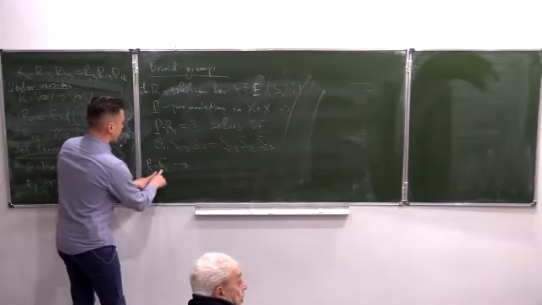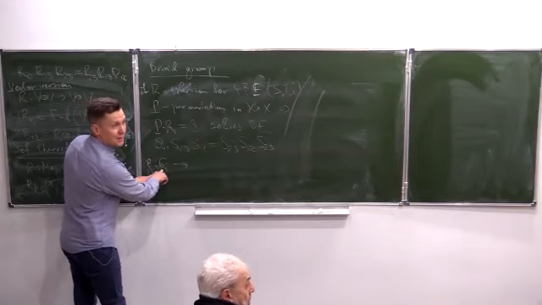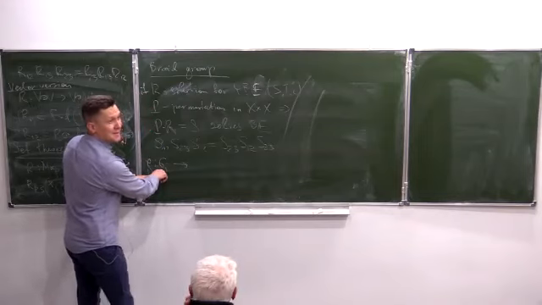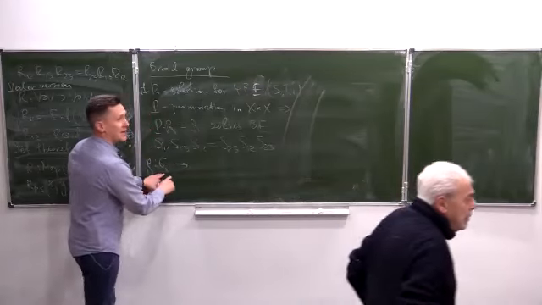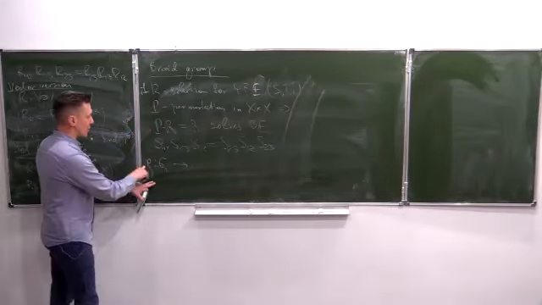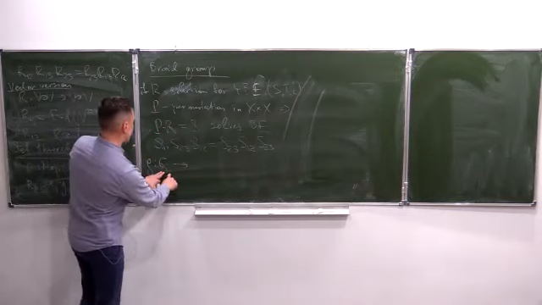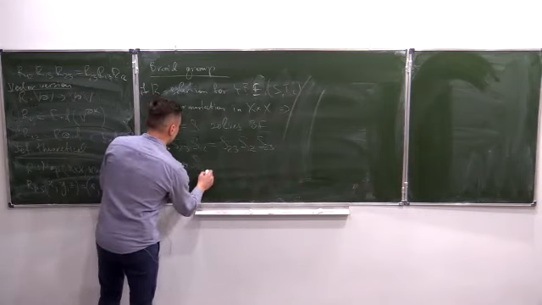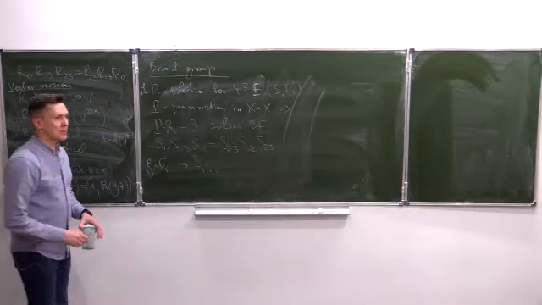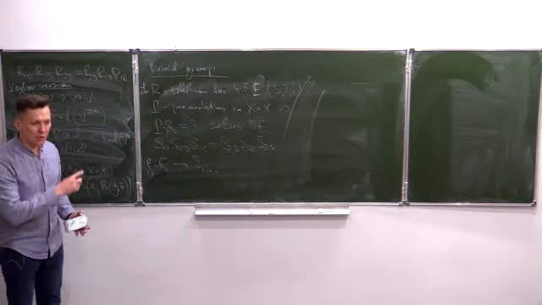The map rho from sigma_i, the generator of the braid group, to s_i,i+1 is the representation of a group. So it's a homomorphism.